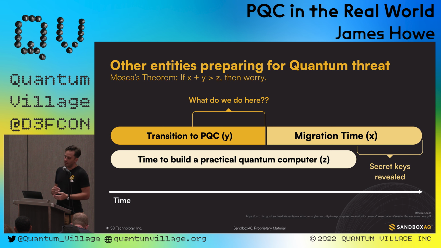If you transition to post-quantum cryptography and you want your data to be secure for a certain period of time, and a practical quantum computer comes along before those two periods added together, then you're going to have vulnerable, sensitive data that might be readable by a bad actor or a government or anybody that has access to a quantum computer.